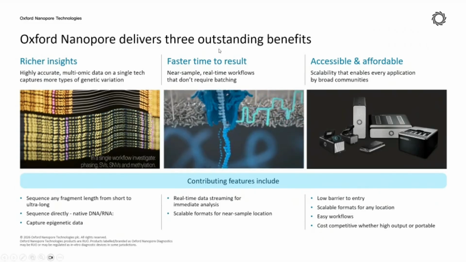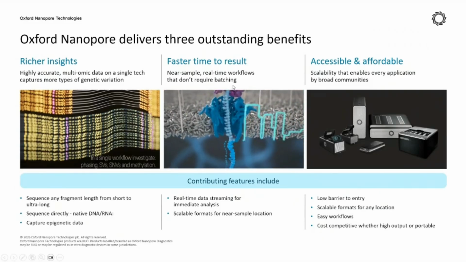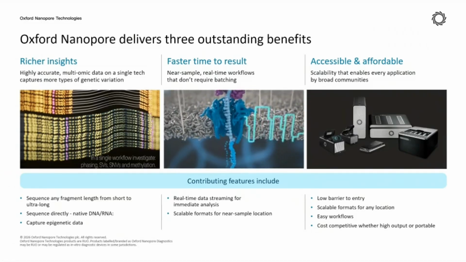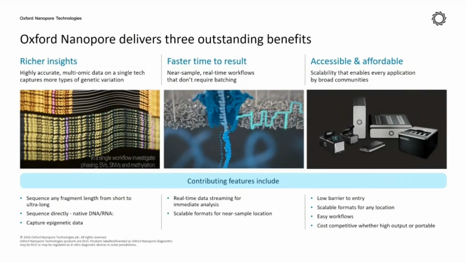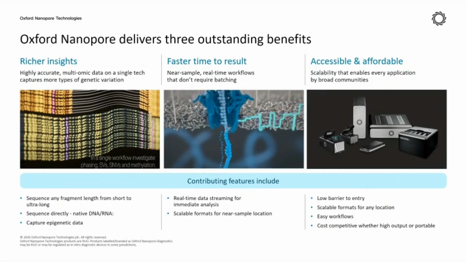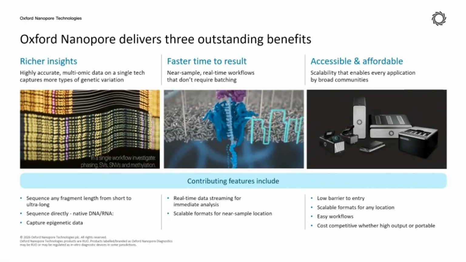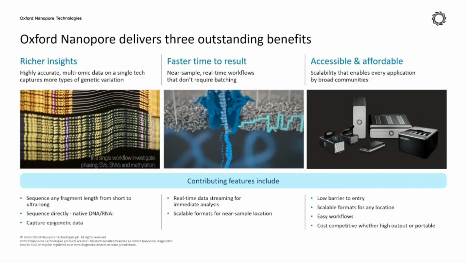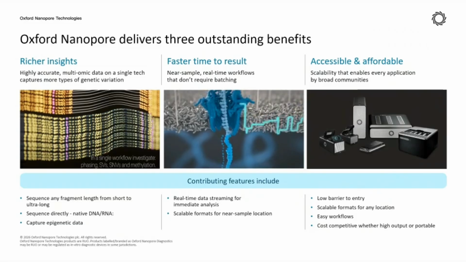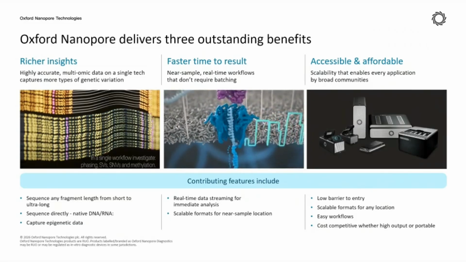Another benefit is faster time to results. The data generated is real time while the sequencing is still ongoing, so we can monitor our sequencing outcome very closely. If the sequencing is running fine, we can let it be active throughout the 72 hours per sequencing run.